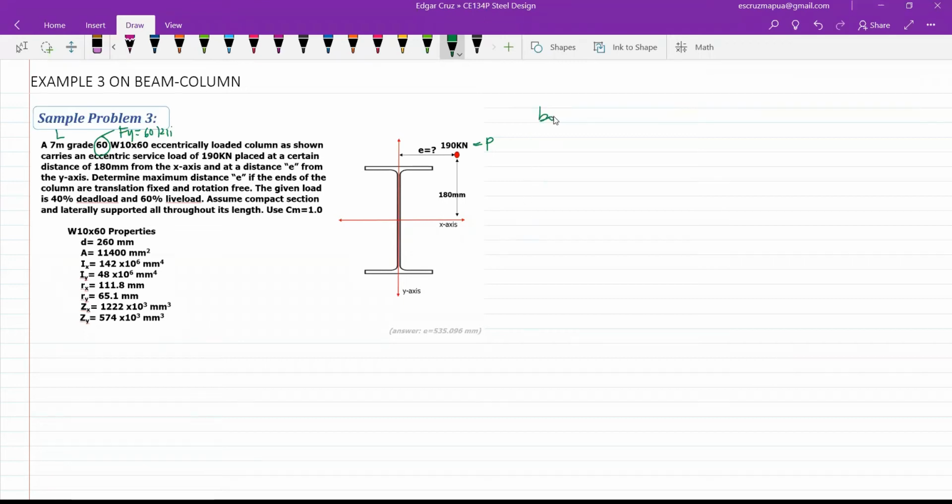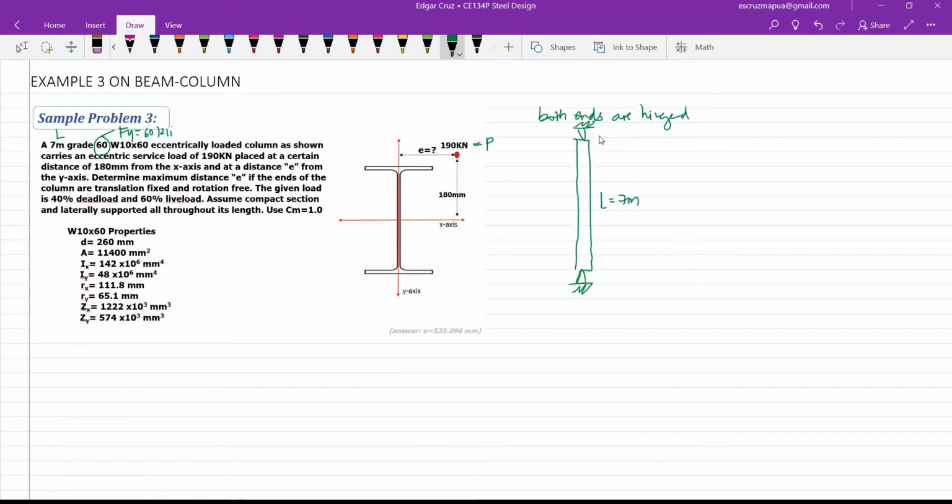So we have both ends hinge. We could look at this as the column, with hinge at both ends, the length of which is 7 meters.